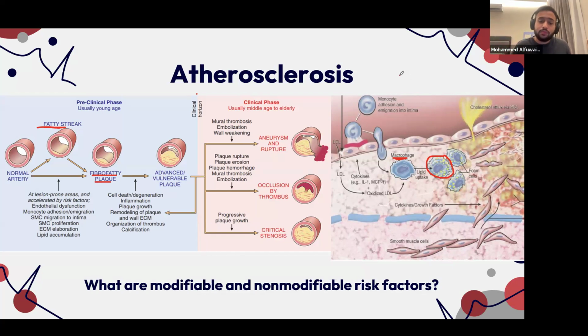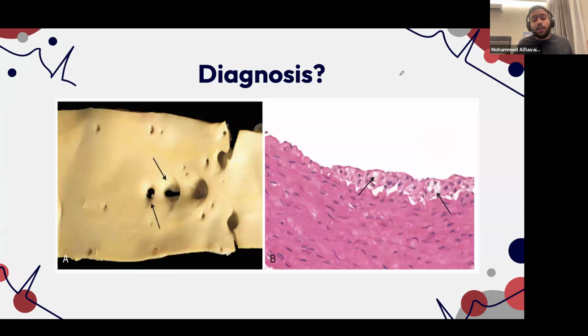Okay. So now, what is this over here? What am I seeing here? What is the diagnosis? This is a very young patient, and he has no signs or symptoms of any disease.